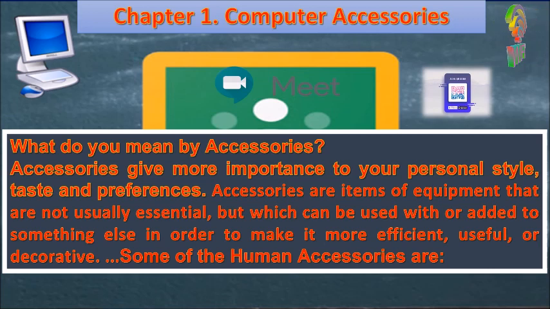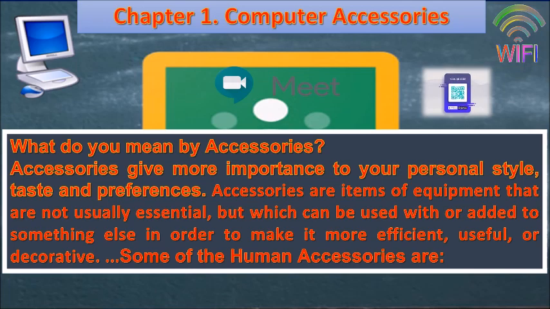Now first I will explain you what you mean by accessories. Accessories give more importance to your personal style, taste and preferences. Accessories are items of equipment that are not usually essential but which can be used with or added to something else in order to make it more efficient, useful or decorative.